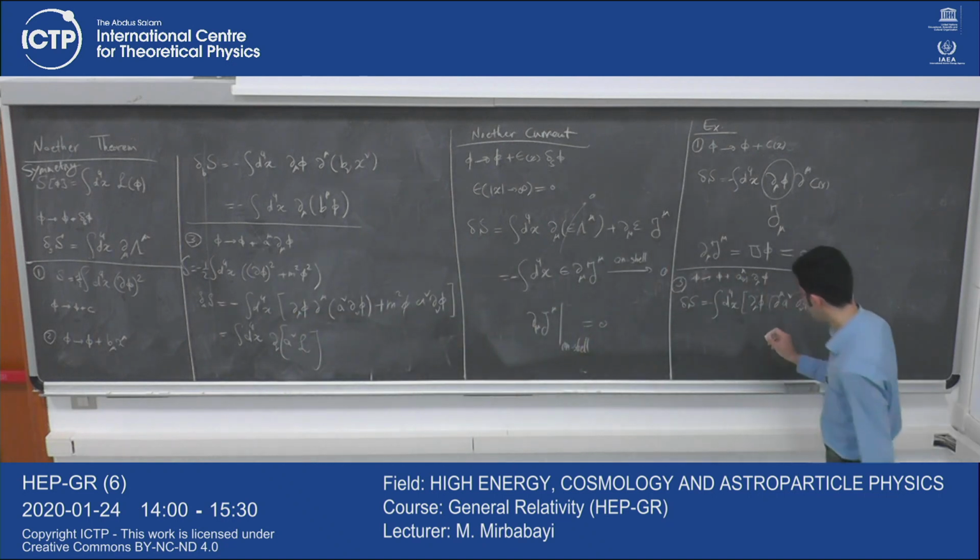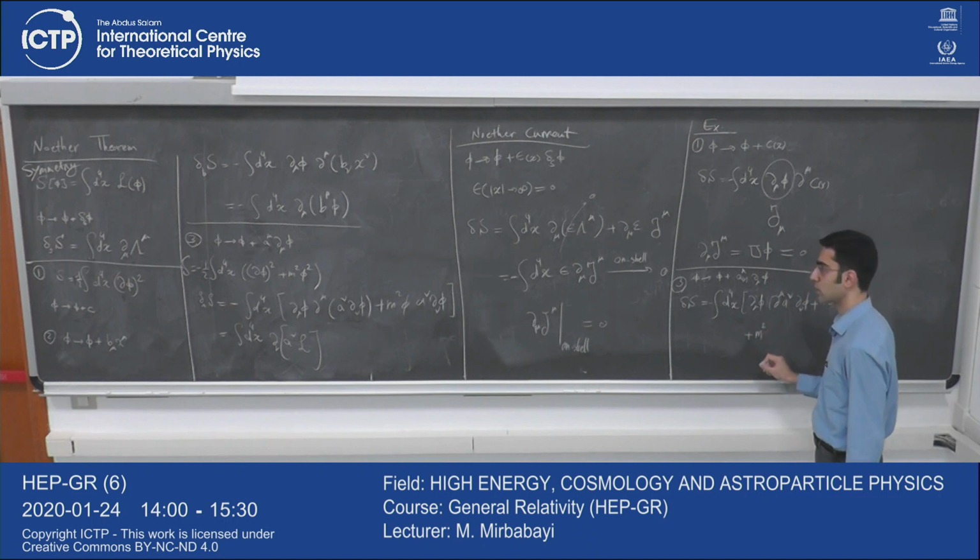And then there will be the part from the mass term, which is m squared phi a mu d mu phi.